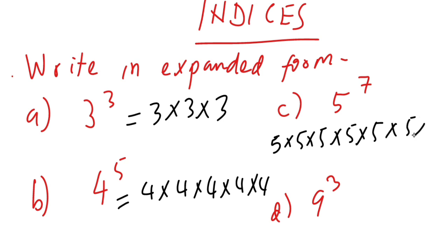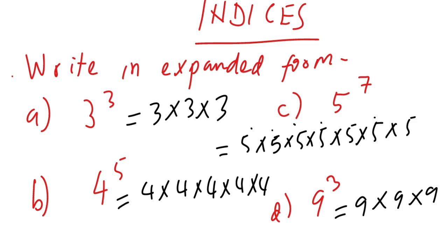Then another 5 times 5, and so on. No, I added an extra 5, which I'm not supposed to add. So when you look at it, yeah, those are 7 5s. For the last one, we have 9 cubed, so it's just basically 9 times 9 times 9.